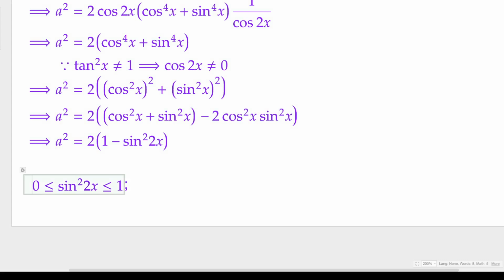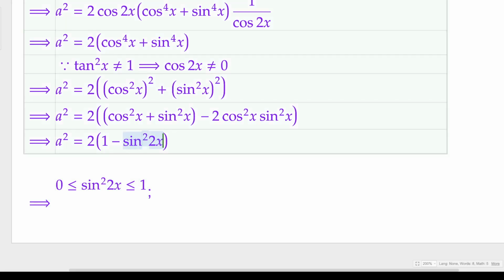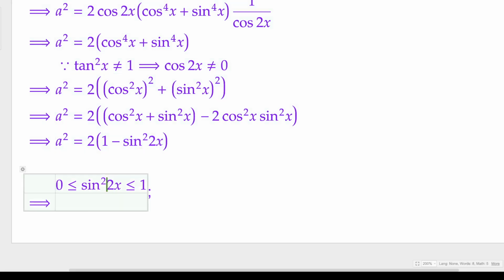Now if you observe here, I can rewrite this expression as 2 minus 2 times sine 2x squared. So for this particular expression, the range can be written as 2 minus sine of 2x squared, and this will be less than 2, right?